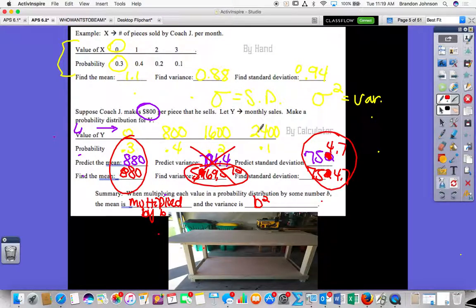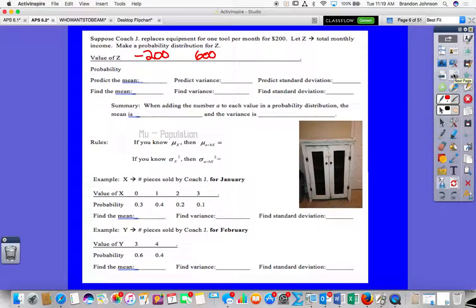Here's what my expected one was, but then I subtract 200 from it, right? Does that make sense? So we got negative 200, 600. What would be the next one? 1400, nice. And 2200. Very good. What would be the probability for this one? 0.3. Next one? 0.1.